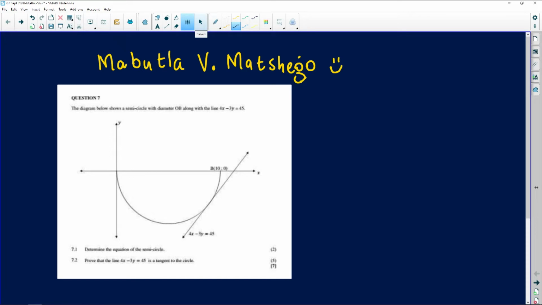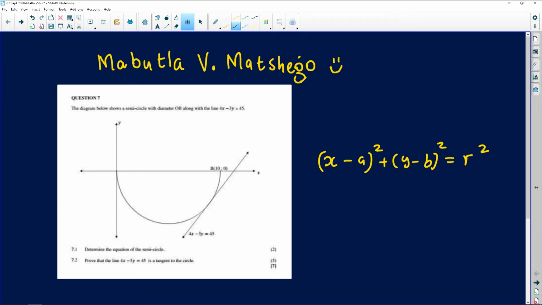Now, let's take some time to analyze what we understand about circles. You should know by now that if you've got a full circle, the defining equation of any circle is given by (x minus a) squared plus (y minus b) squared is equal to r squared. And for a and b, we're simply going to substitute the coordinates of the center.